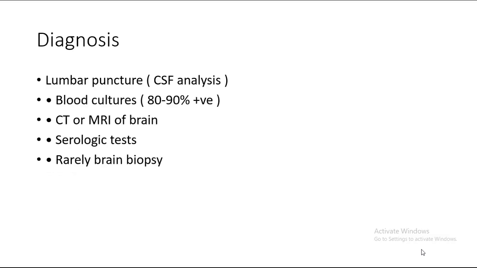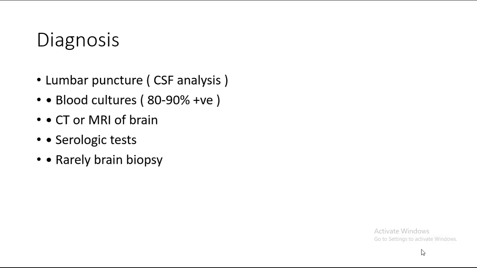How can we diagnose a patient with acute bacterial meningitis? First of all, lumbar puncture. This is the gold standard diagnostic test. We have to analyze CSF. Second, blood culture.